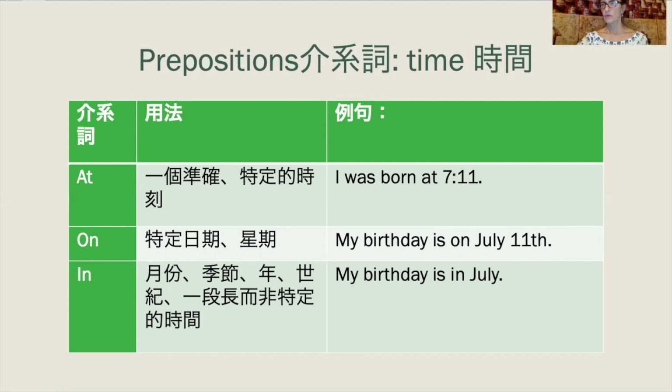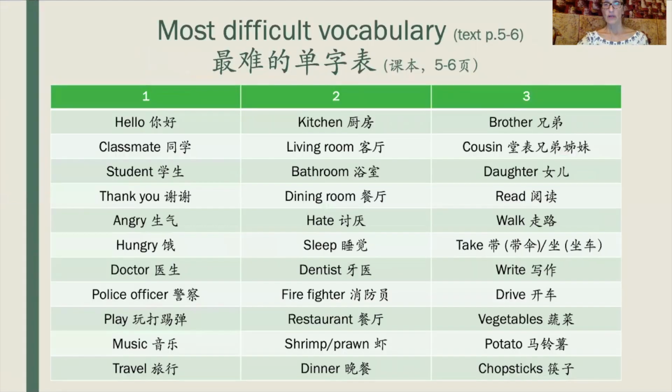All right, so next thing I'm going to show you that's here in your textbook on pages 5 and 6 are vocabulary lists, and they're in 3 columns, and many more rows than I have here. This is a row. This is a column.